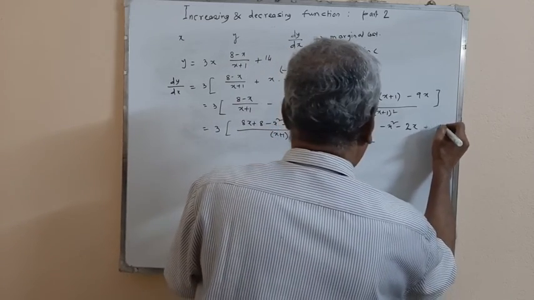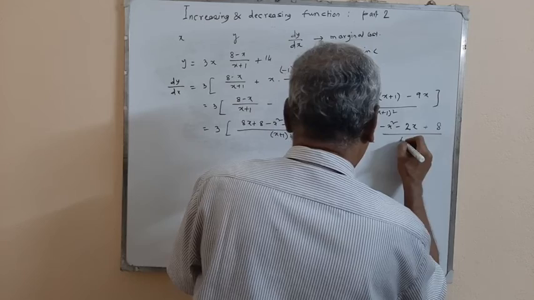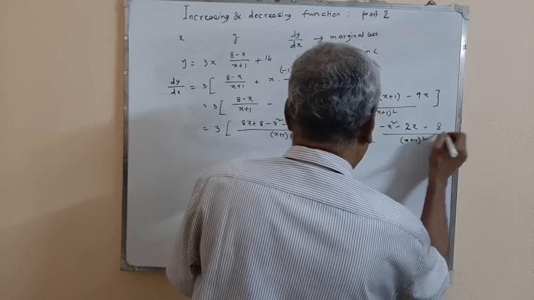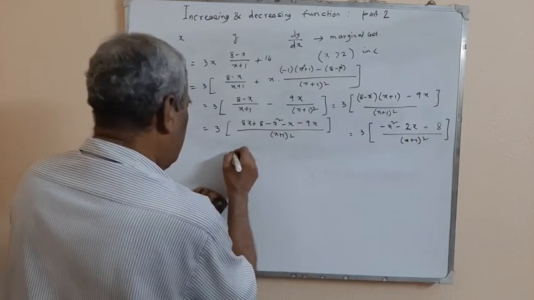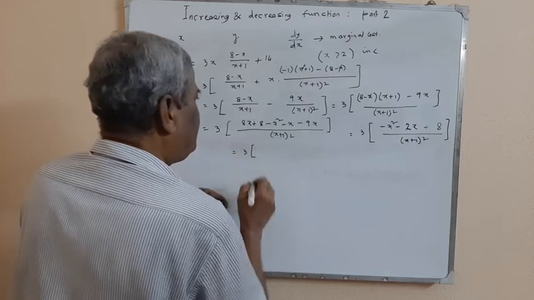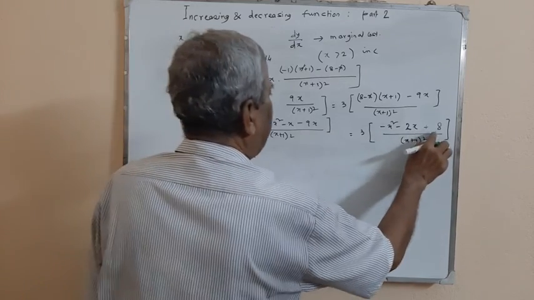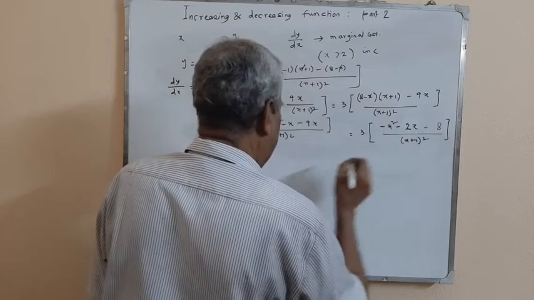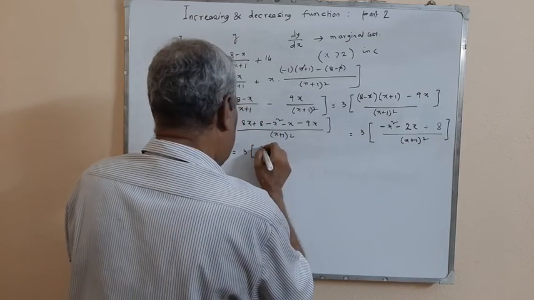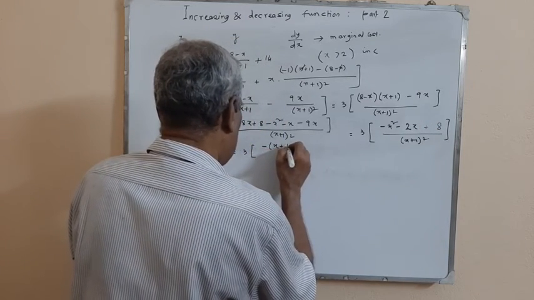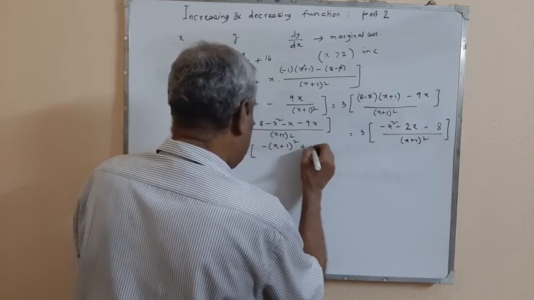Plus 8 divided by x plus 1 whole square is equal to 3 into: if I take minus 1 from there, it is minus x plus 1 whole square plus 9.